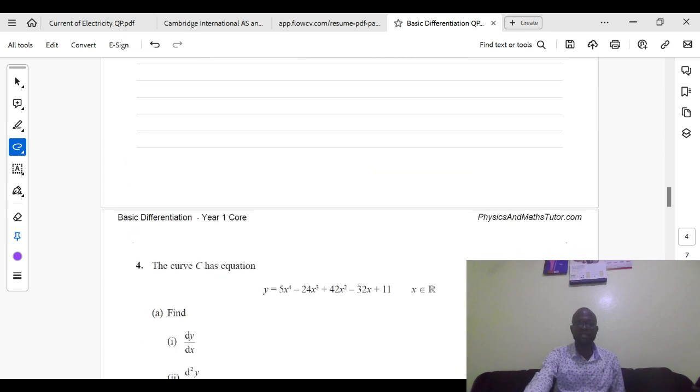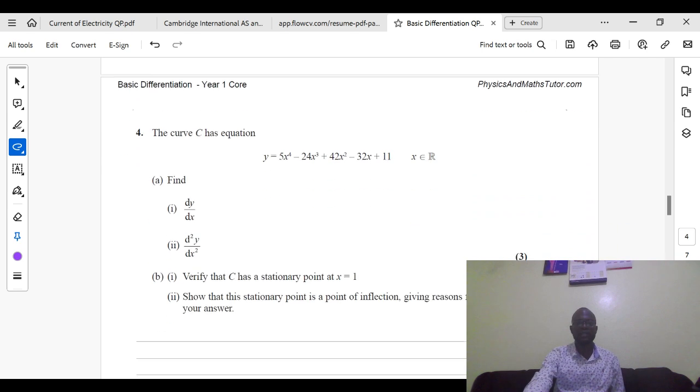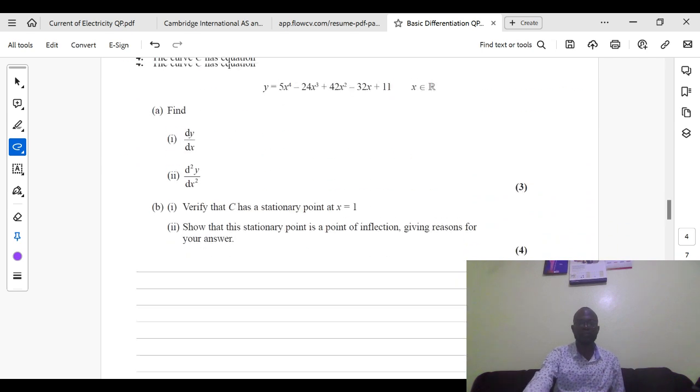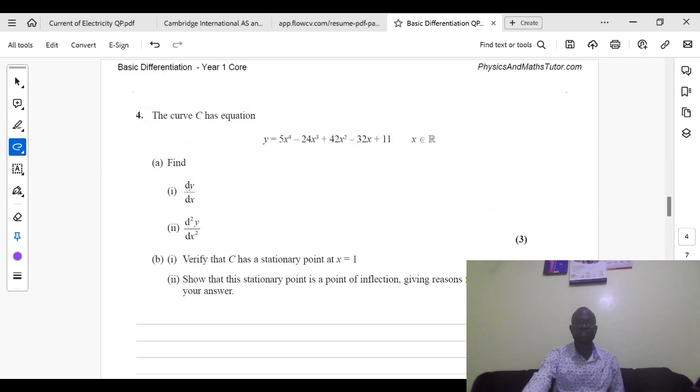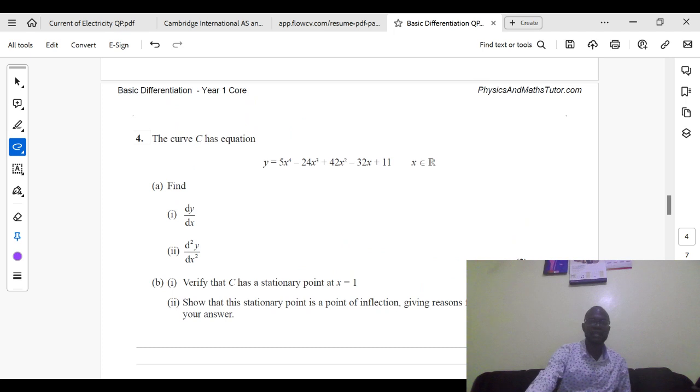This question has been drawn from the A level, year 12, introduction to calculus. The question says that the curve C has an equation y is equal to 5x^4 minus 24x^3 plus 42x^2 minus 32x plus 11, where x belongs to R, or x is an element of R. Find dy/dx.